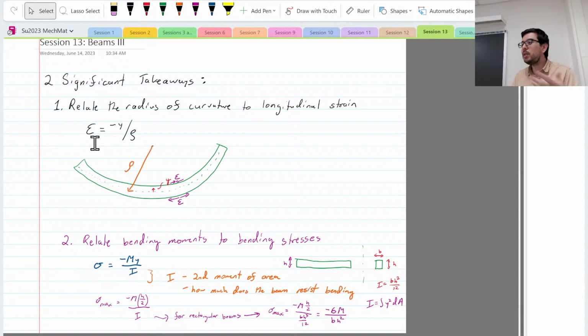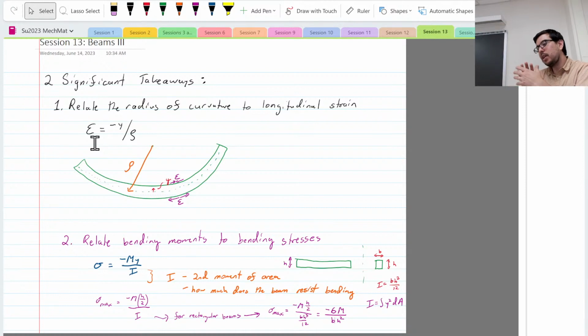And where do we see beams? We see beams in so many different places: in construction, in some forms of tables, although tables kind of look like plates on the top. In your vehicles, in your cars, there are beams in many, many different places.